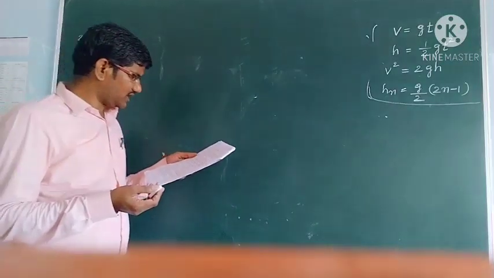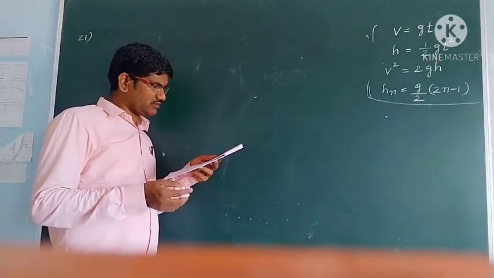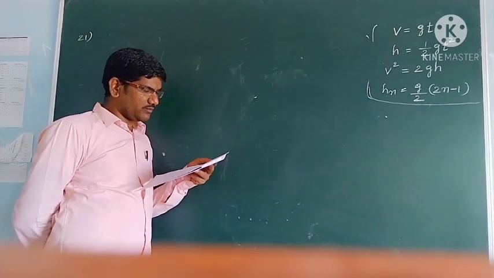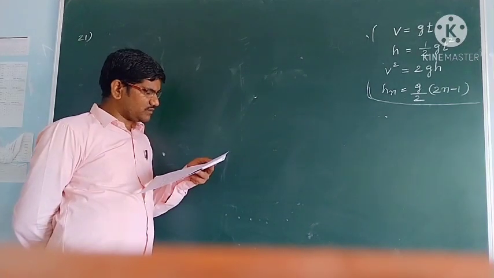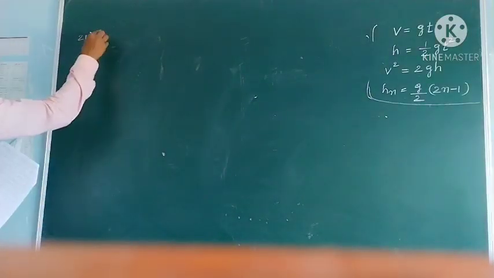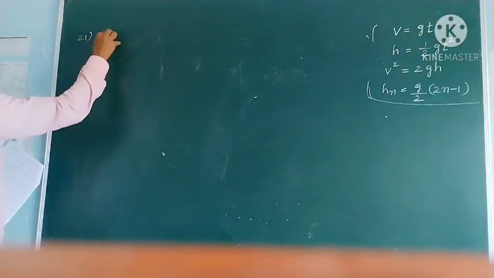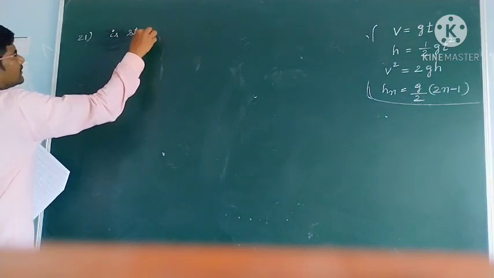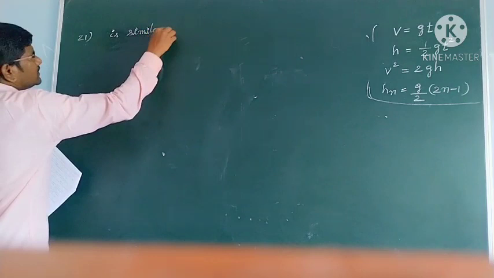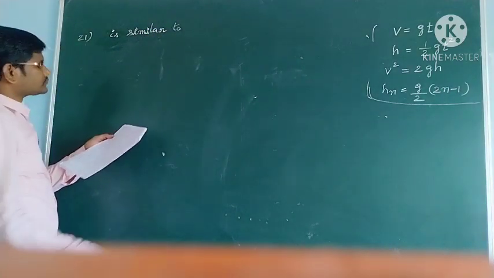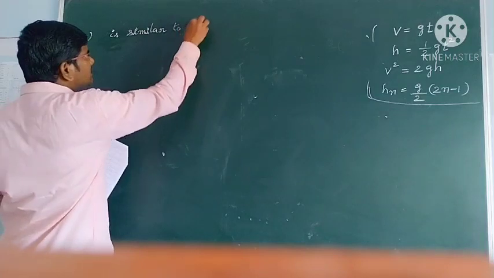This question is like another model question, like 16. The ratio of distance traveled by a freely falling body in the last second of its motion and the last but 1 second. So this 21st question is similar to the 16th question.